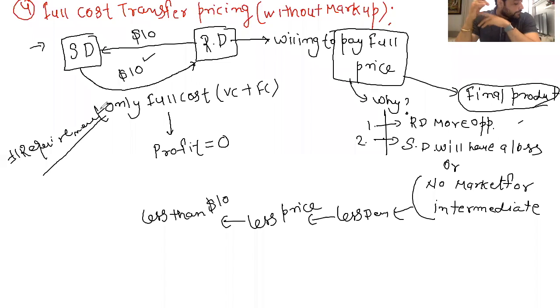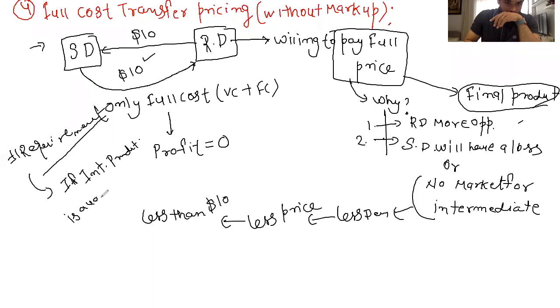So requirements for this method is if intermediate product is available in the market.